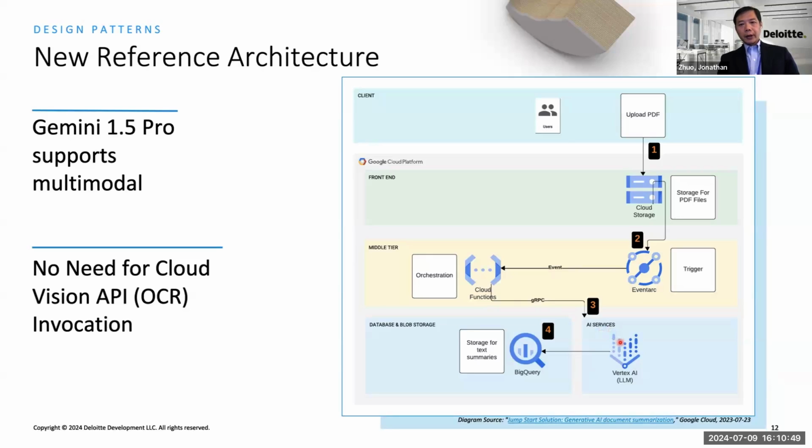And Cloud Function stores the textual summarization of PDF files inside the BigQuery table. So you can see originally there were 6 steps to do the document processing. Now it's down to 4, because of the innovation of Gemini 1.5, whose new capability is multimodality. And this reference architecture is significantly simplified.